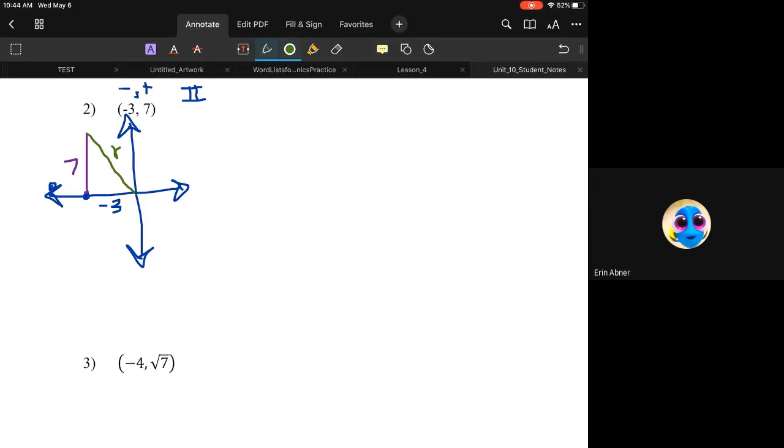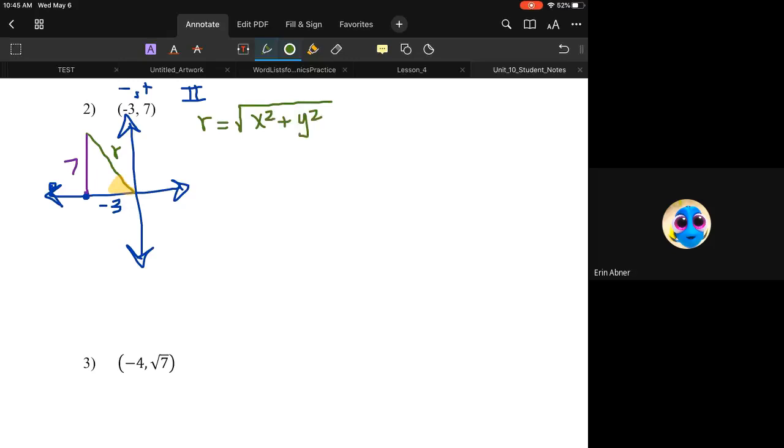So in order to find my R, because I'm going to need it for my angle theta. If I need sine, I'm going to need it. If I'm going to do cosine, I'm going to need it. So let's go ahead and find our R. R is equal to, and the formula you're going to want to remember is the square root of x squared plus y squared.